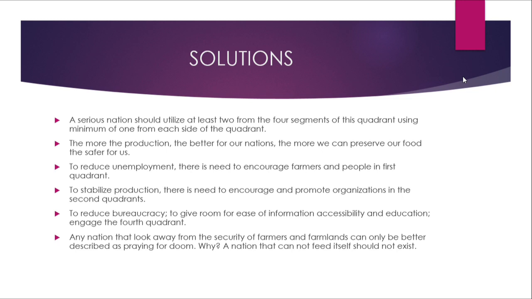So, any nation that looks away from security of farmers and farmlands can only be better described as what? Praying for doom. You say, if you fail to plan, you are planning to fail. So, prepare, secure your farmers as a nation, because a nation that cannot feed itself is not worth existing.